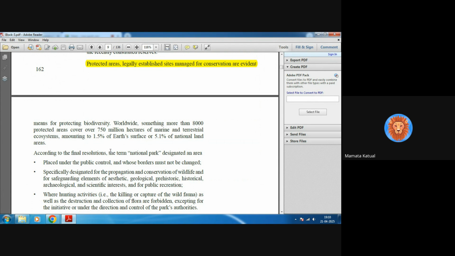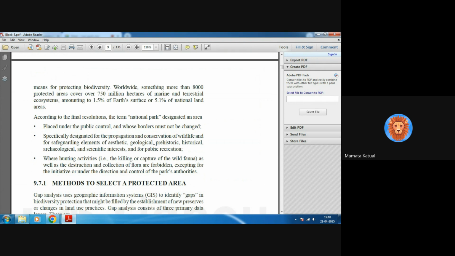This accounts for 1.5% of Earth's surface, including both terrestrial and marine.